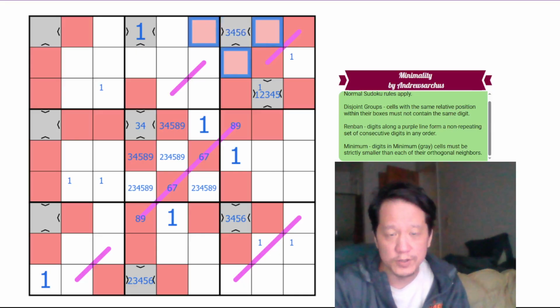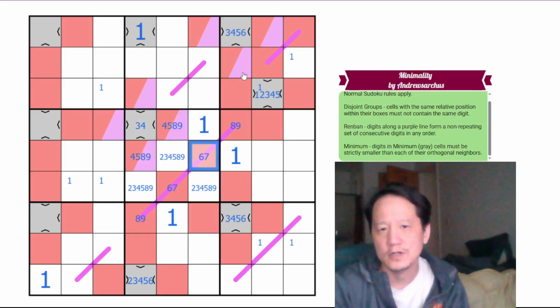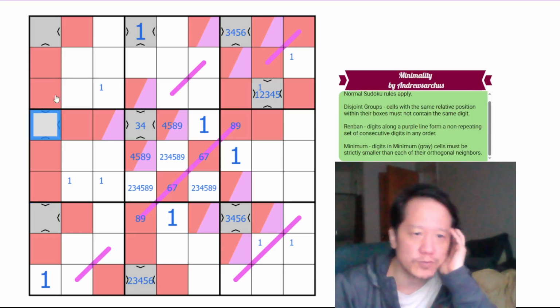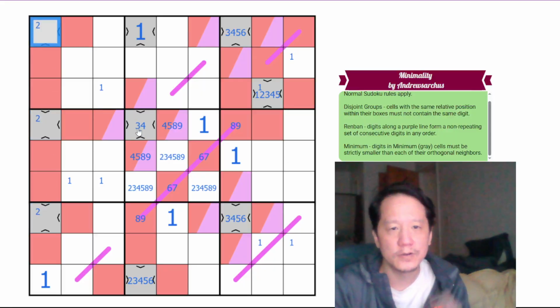And then we'll mark these as pink, I guess. We have pink, pink. So therefore, this can't be 3 here, to be next to that 2. So the pinks are now the places that can't have 3 in them. So 2 is one of these 3. Okay.